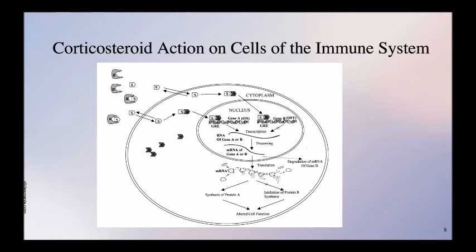Altered cellular function results from the combination of increased production of certain proteins and decreased production of others. Despite their wide use, the exact mechanism of action of corticosteroids is still elusive.